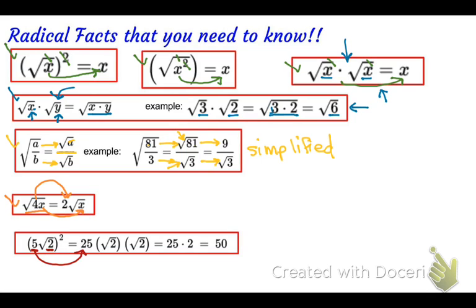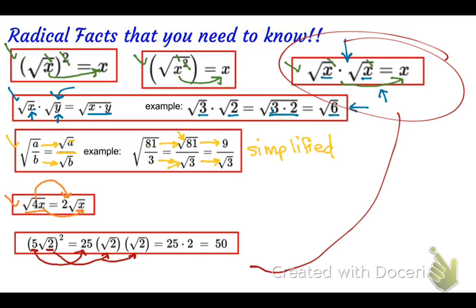So here, I put square root of 2 times square root of 2. We know by this up here that the square root of 2 times the square root of 2 is equal to 2. So our expression becomes 25 times 2, which is equal to 50. And so 5 times the square root of 2, squared, is equal to 50.